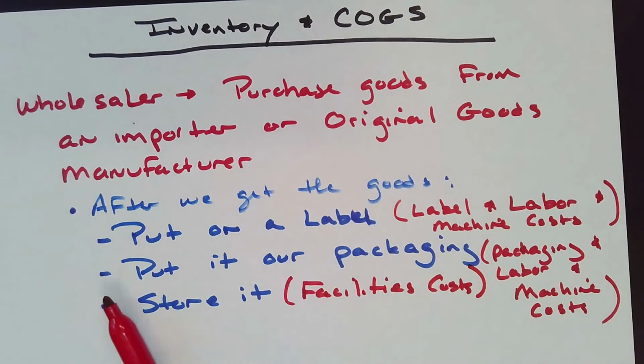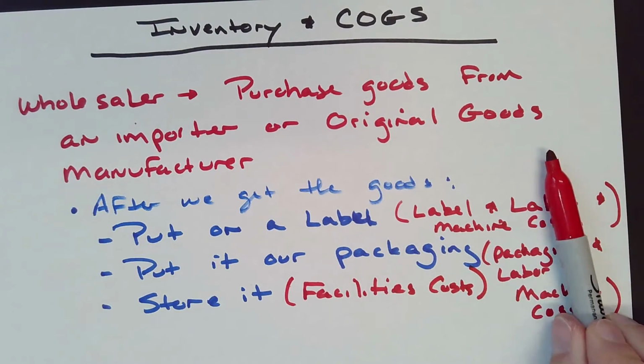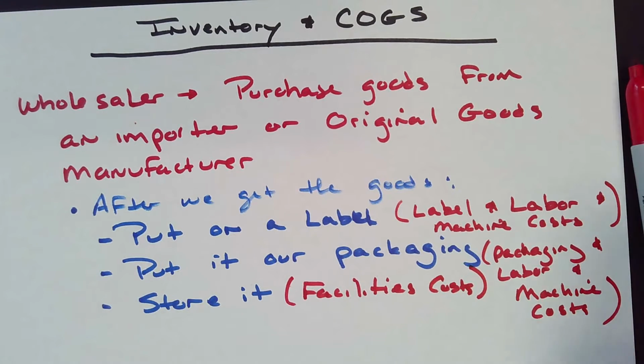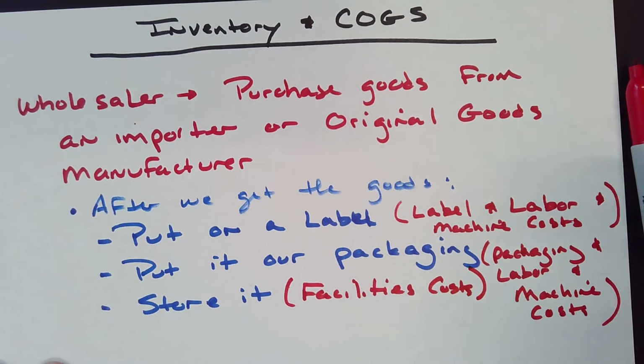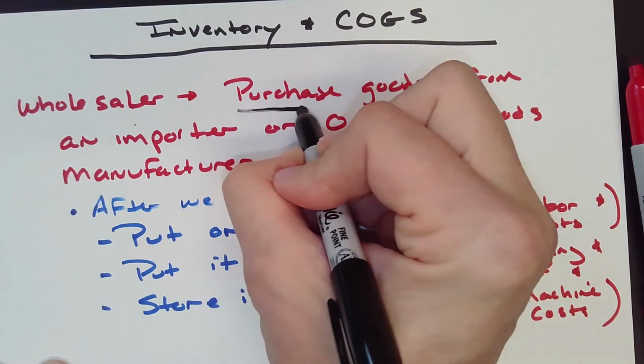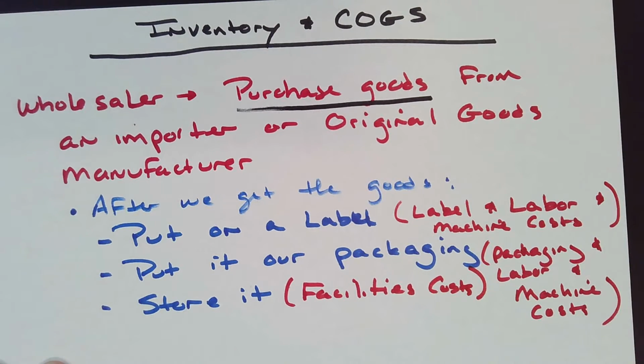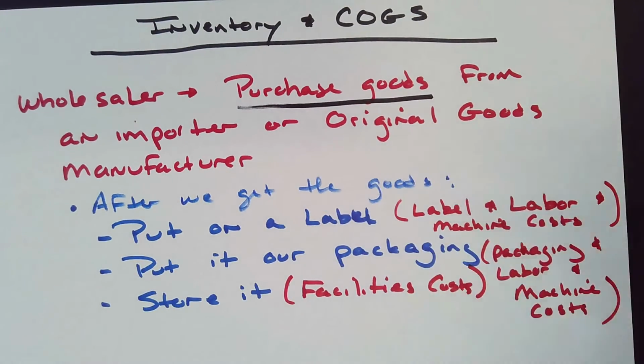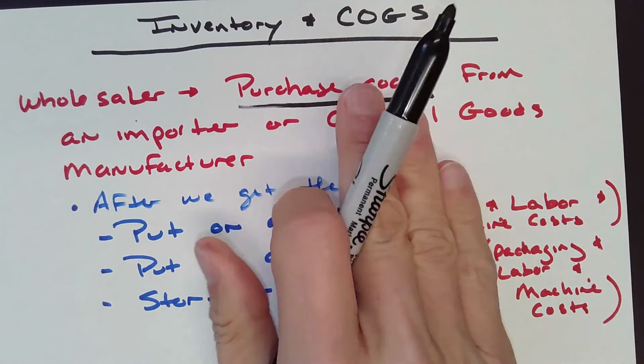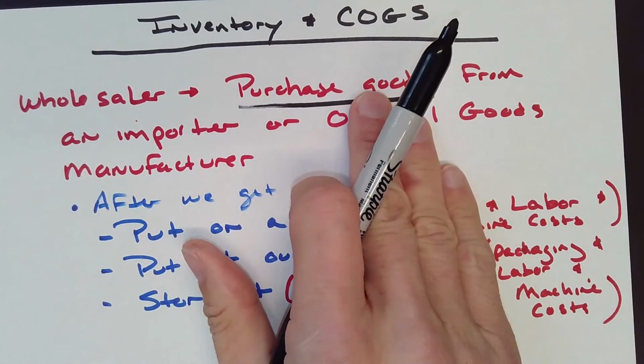Right. Now, what costs should we put into inventory? Well, clearly, the purchase price of the goods from the importer or the original goods manufacturer or original equipment manufacturer, whatever you want to call it, that purchase, what we bought it for, should absolutely go into inventory.